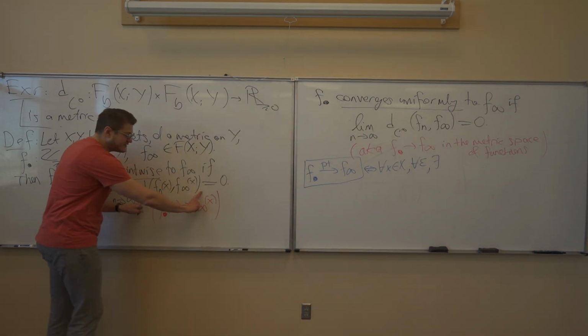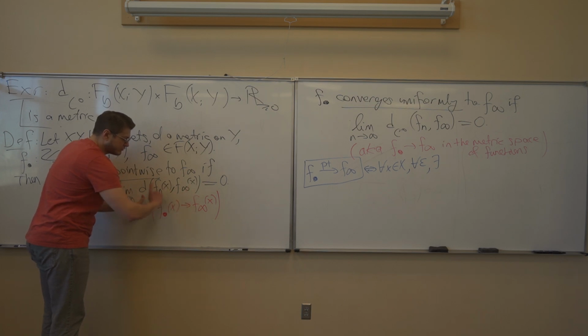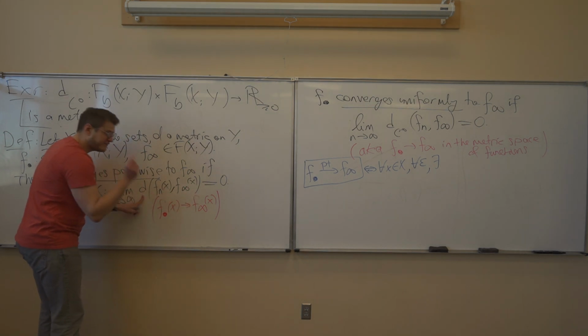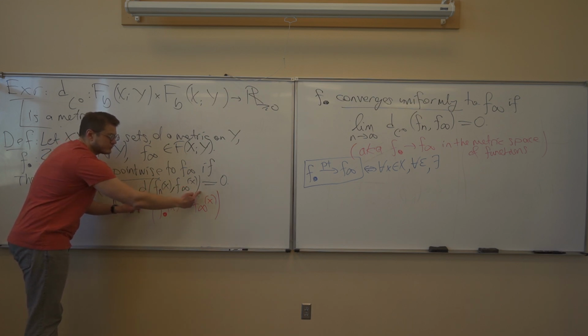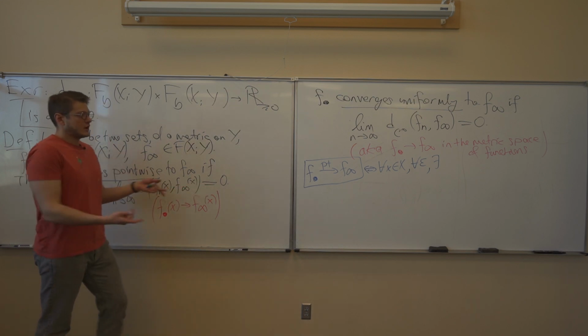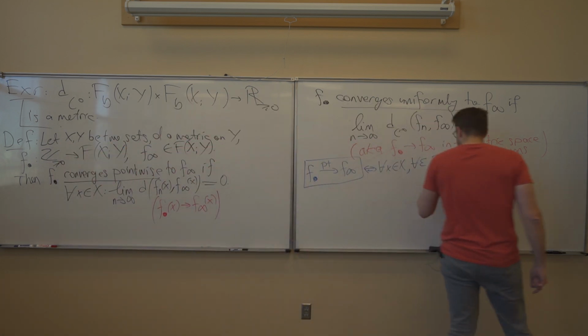Now this is a sequence of real numbers, you see. This thing, once I fix the x, depends only on n. This is a sequence of real numbers, and I'm saying this sequence of real numbers converges to 0. How do I write that? Like this.